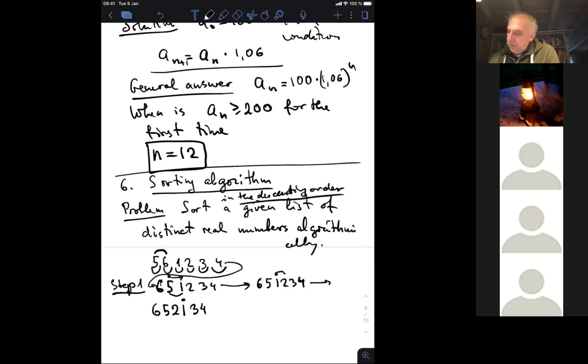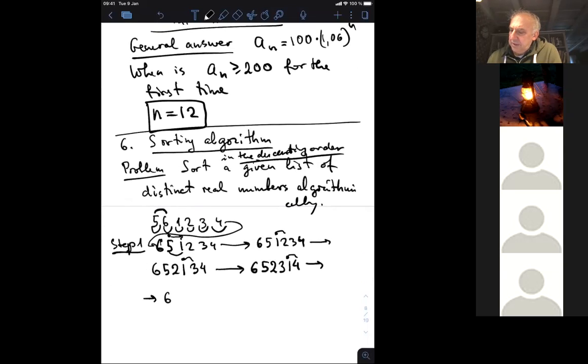Now we're comparing 1 and 3, not a good order, so we'll switch places. 6, 5, 2, 3, 1, 4, and the bubble is on 1. We're comparing 1 and 4. Okay, not a good situation still.